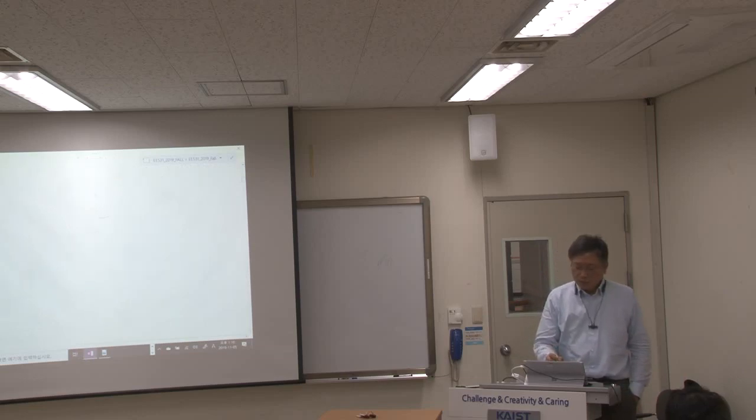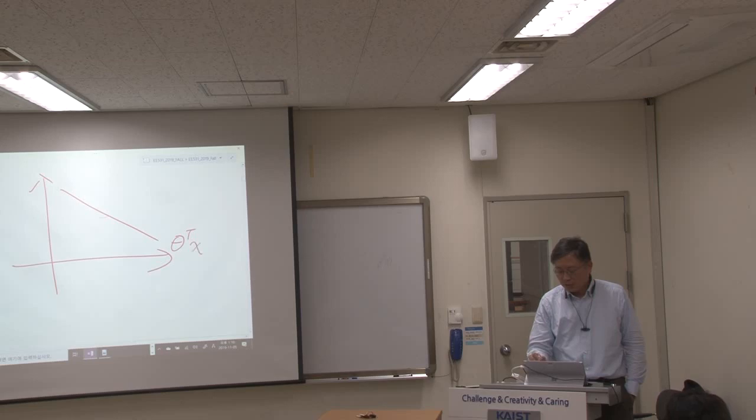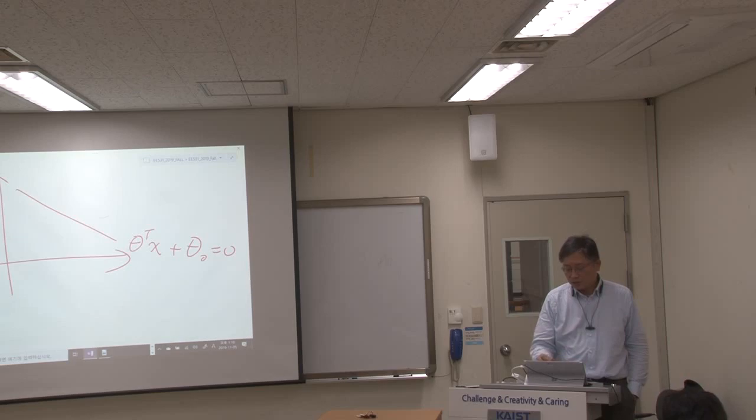Okay. So I'm just going to draw a line. Theta transpose x plus theta naught. Okay. Now, which way is, so this is two dimensions. X will be x1, x2.